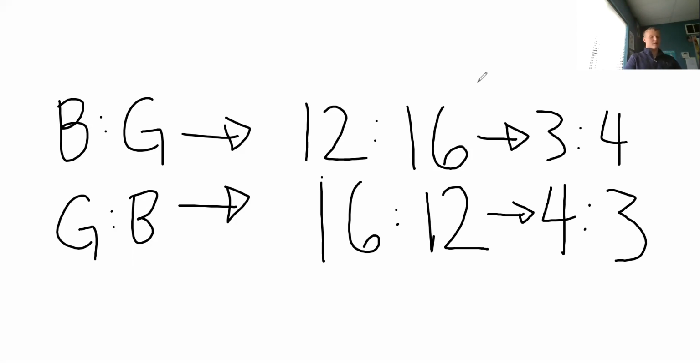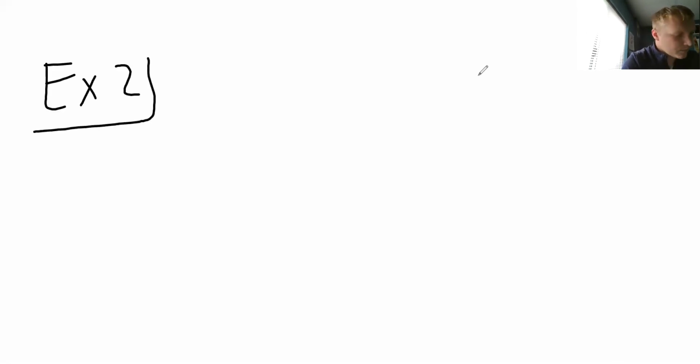Okay, so that is example number 1. All right, example 2, let me see what it says here. The team won 4 out of 7 games and lost the rest.